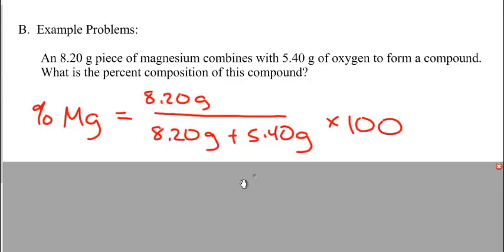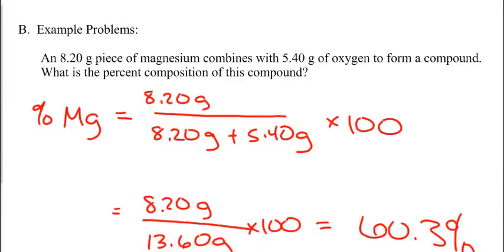And of course, since this will give us a decimal, we want to multiply by 100. That's going to give us 8.20 over 13.60 times 100, which is 60.3%. Notice that, again, I took it to the tens place, 1 after the decimal.